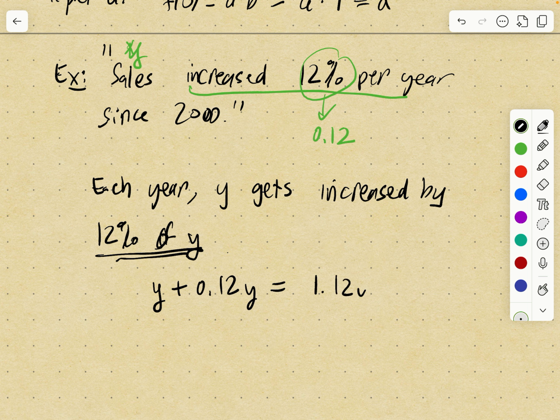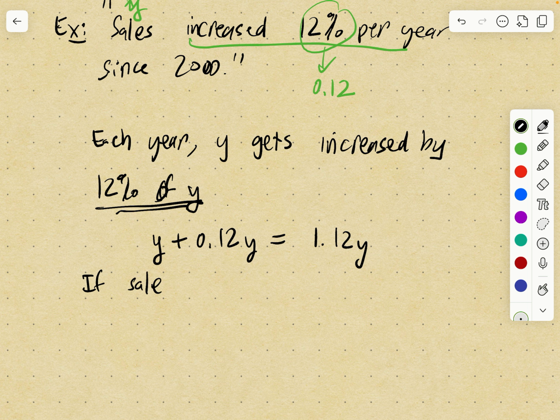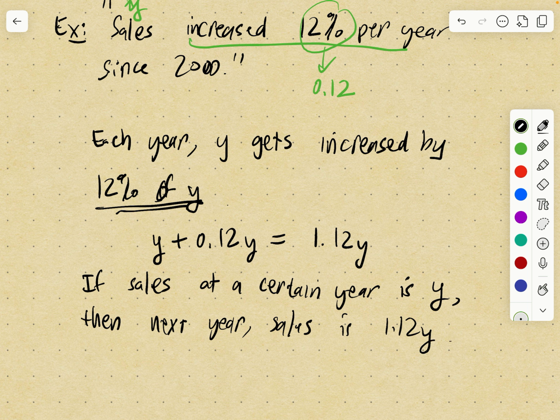So in other words, if sales at a certain year is y, so y dollars, then next year sales is 1.12y.